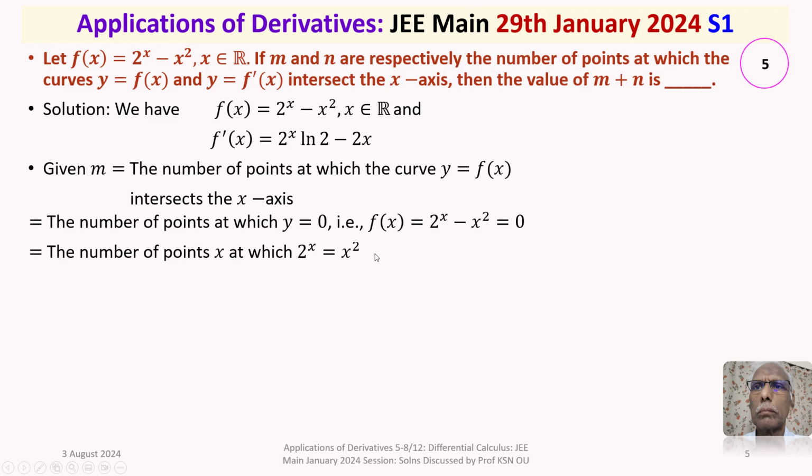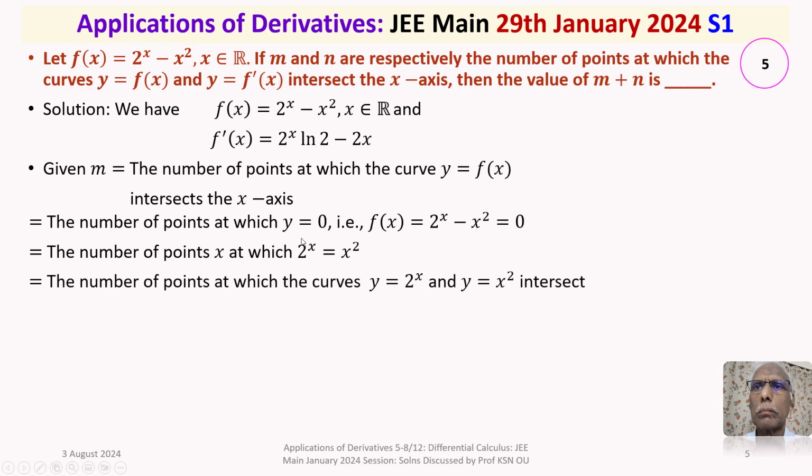This is equal to the number of points x at which 2 power x is equal to x square. In other words, the number of solutions of this equation in x. That's what it means. It can also be thought of as the number of points at which the curves y is equal to 2 power x and y is equal to x square intersect.